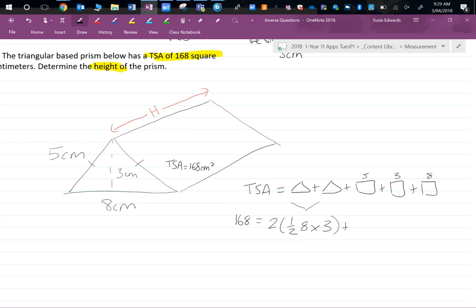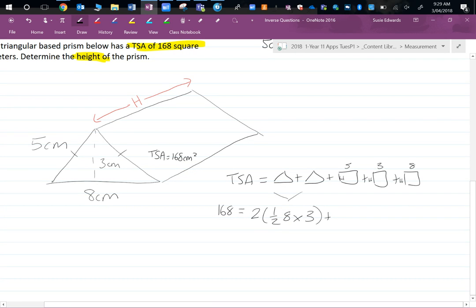One of the rectangles is going to have a side of length 5, one of them's going to be 3 and one of them's going to be 8, because those are the sides of the triangle. What's that bit going to be? The height, okay? So it's going to be h. h is this side, h is this side, h is this side. So how do we write that into an equation?